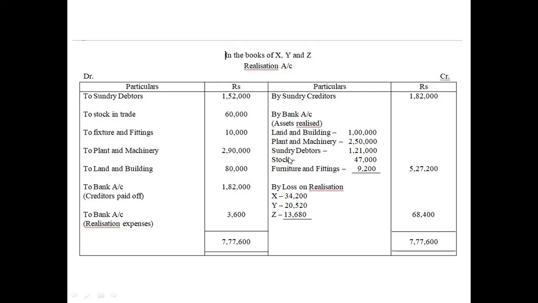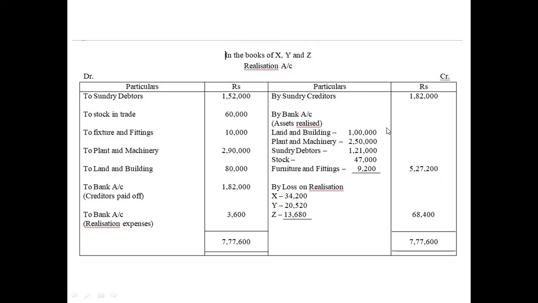Stock, 47,000. After that fixtures and fittings. Sorry, it is for fixtures and fittings, not furniture and fittings. Anyway, now find the total. Total will be 5,27,200. Write the amount here.